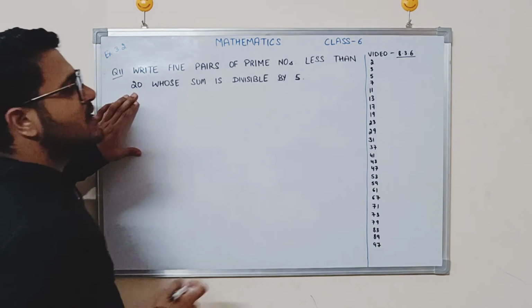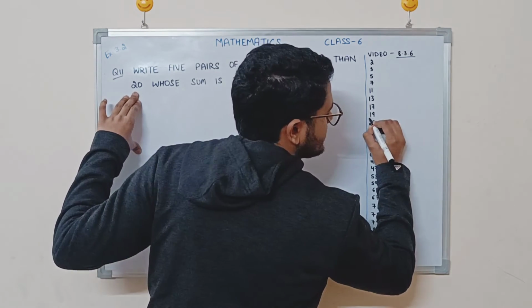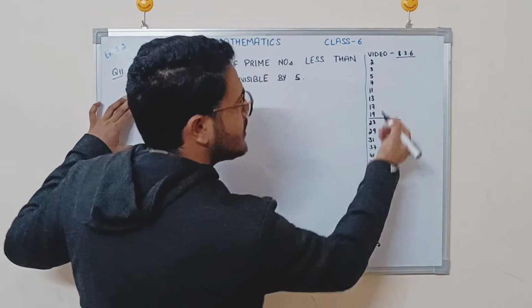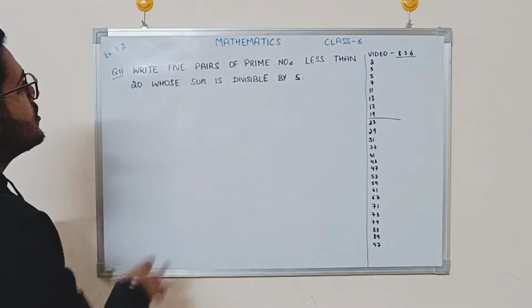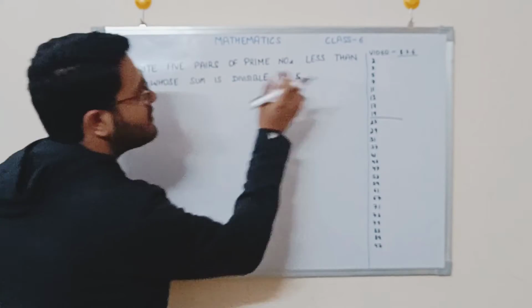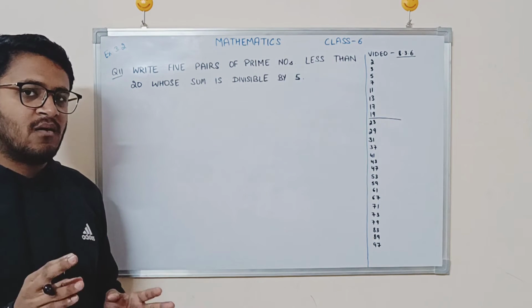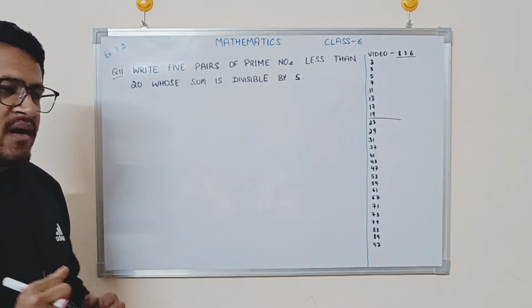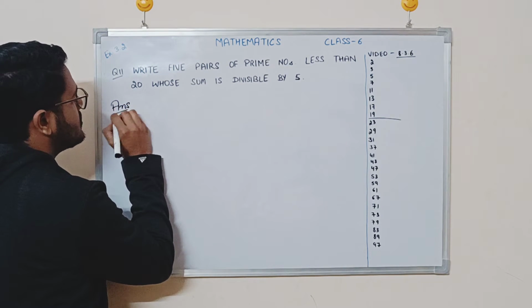So from this list we will only consider the prime numbers till 19, because all other numbers are more than 20, whose sum is divisible by 5. So the sum of the numbers in a pair must be divisible by 5. So let's try to find all these pairs.